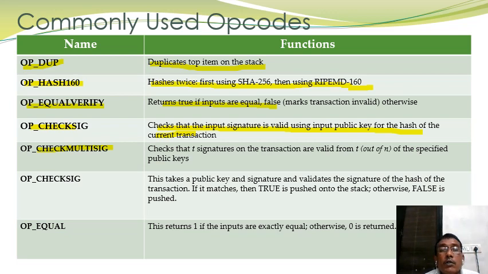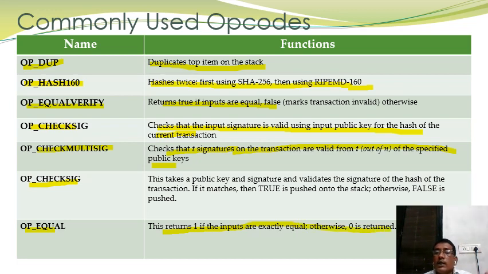Check multisig checks that the signatures on the transaction are valid, m out of n, as specified by the public keys. Then the equal opcode returns 1 if the inputs are exactly equal, otherwise false.